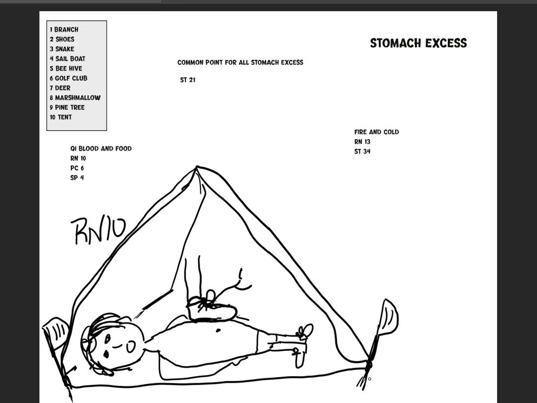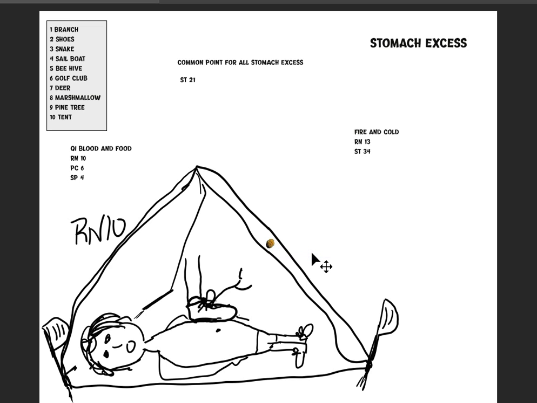And then SP4. Now SP4, 4 is a boat. It doesn't really work in this story. So to go a little bit abstract here, SP4 sounds like spore, spore, SP4. So I added a little spore. Here's a little spore.